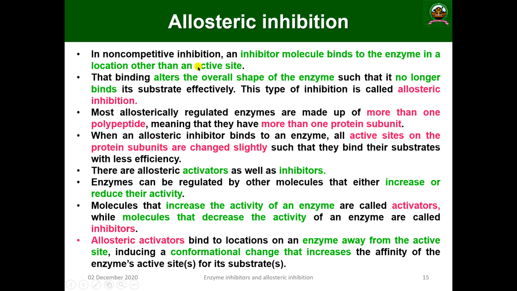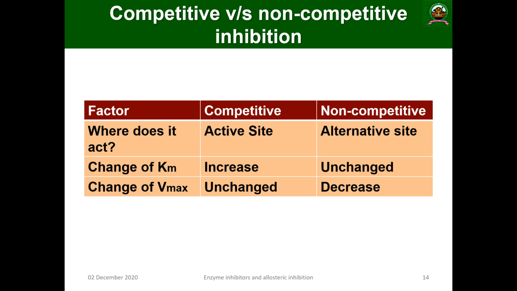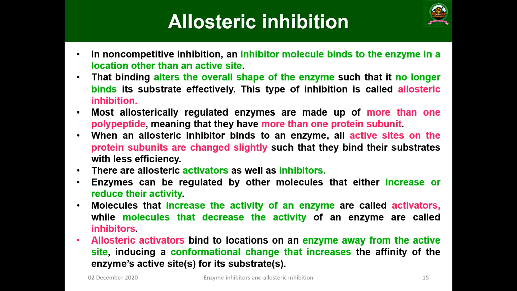Then the next one we have already discussed, allosteric inhibition. If you use the inhibitor in the non-competitive mode of inhibition, that is known as allosteric inhibition. We will discuss it once again. In non-competitive inhibition, an inhibitor molecule binds to the enzyme at a location other than the active site.